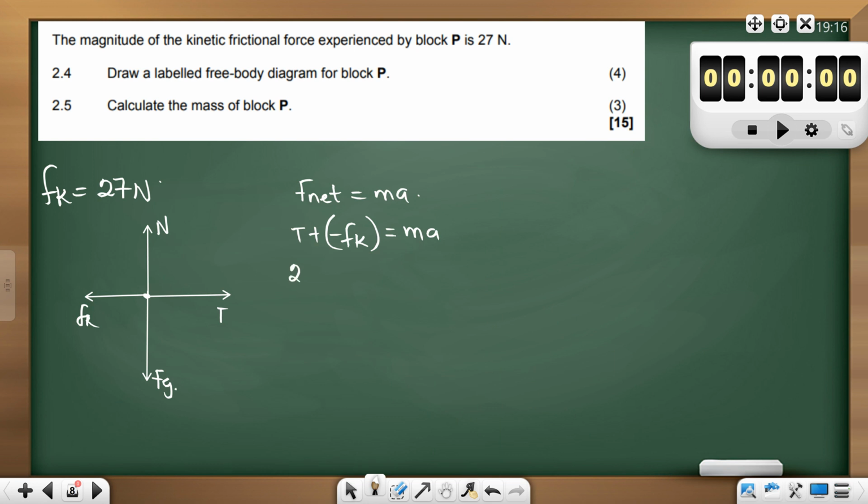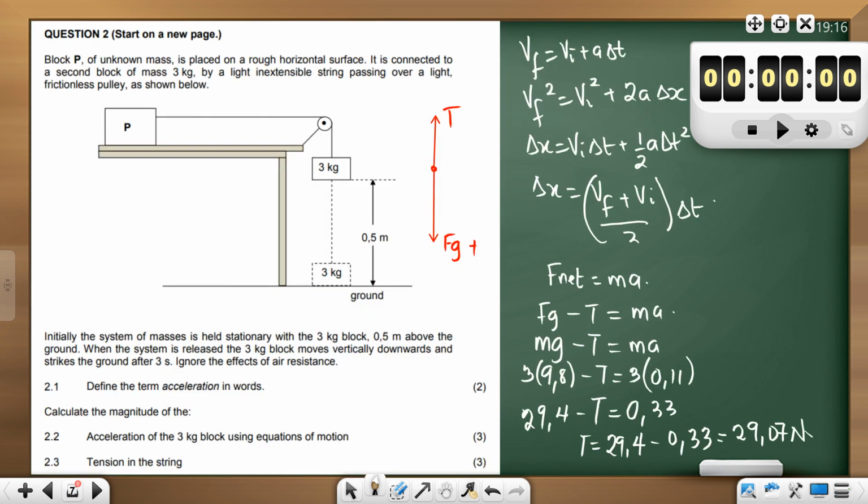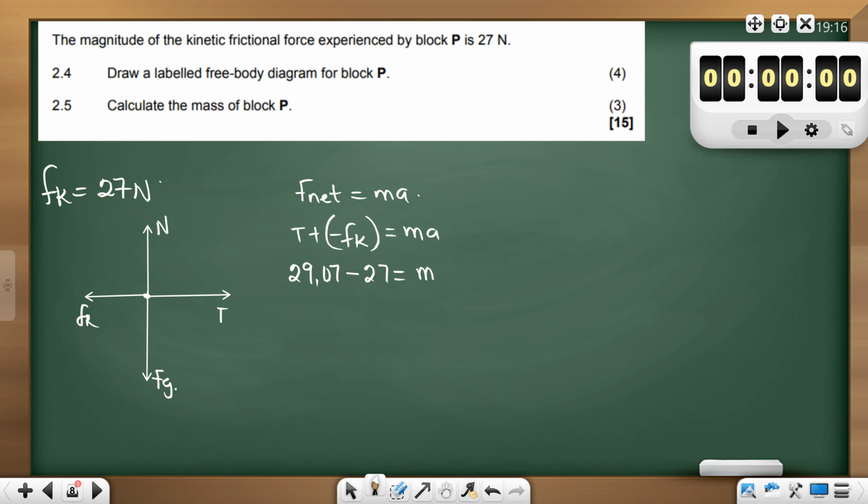Make life easy. 29.07 minus 27 equals m times the acceleration. What is the acceleration? We got that. Oh, easy. Guys, I thought this question was more difficult. What is the mass? 18.82 kilograms. Is that what you all got? Please confirm for me.